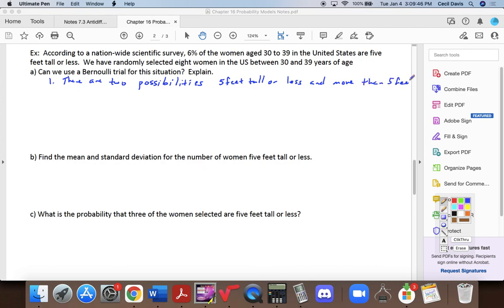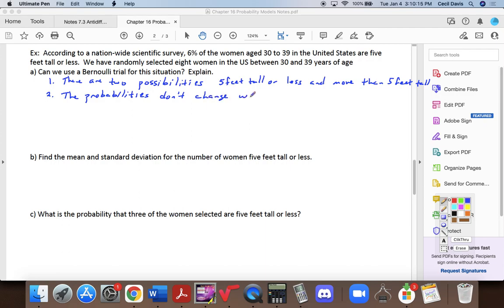What's the next stipulation? The population is less than 10%. That's the third one. It's the same, the probability is the same for everyone. So the probabilities don't change with repeated trials.